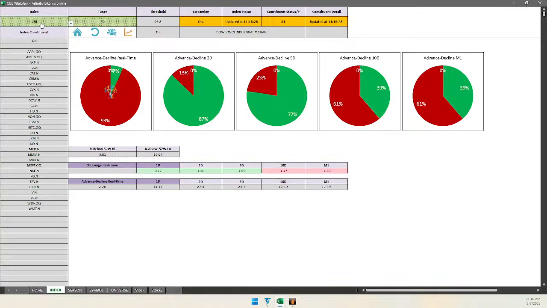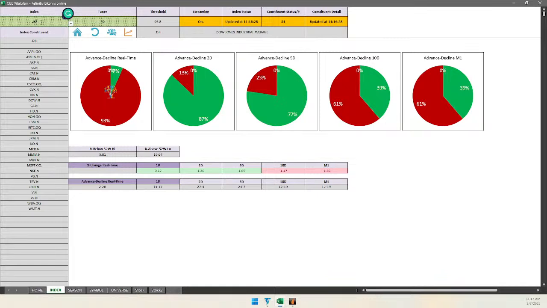I could find the constituents for Russell 2000 by typing Russell index. I could do the same for SPY using SPX. For NASDAQ, I could use NDX. And if I wanted to generate a list for the entire composites, NYSE or NASDAQ, I could do that.